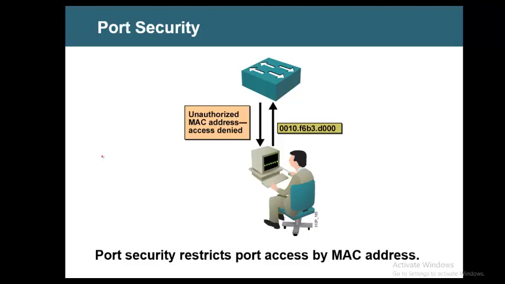If you don't mention how many MAC addresses, the default is 1 MAC address per port. So the attacker now cannot succeed. When an attacker comes with an attacking tool, the first MAC address, fine, accepted. Second MAC address, boom, the interface is down. Attack is mitigated. Attack is prevented. So port security is a solution.